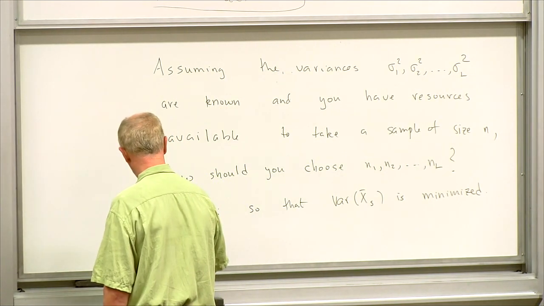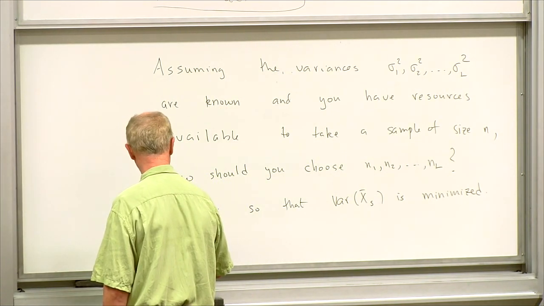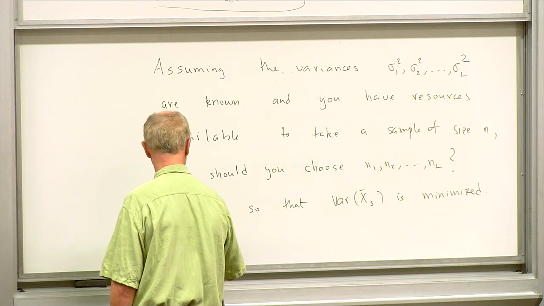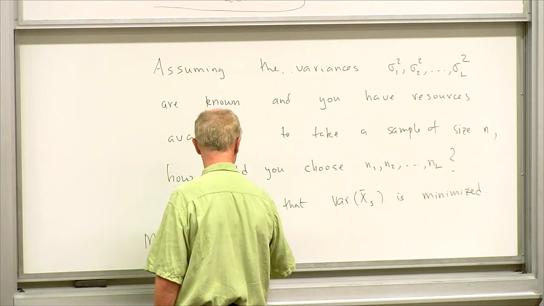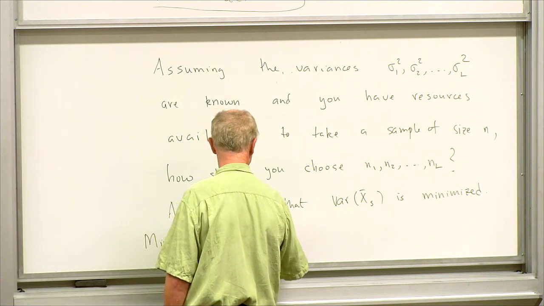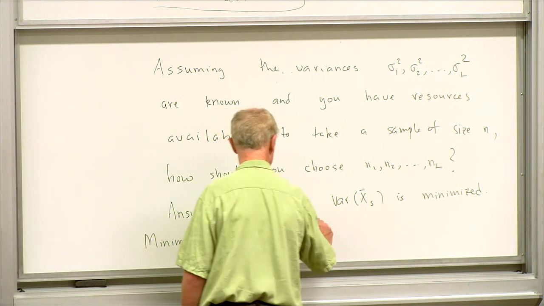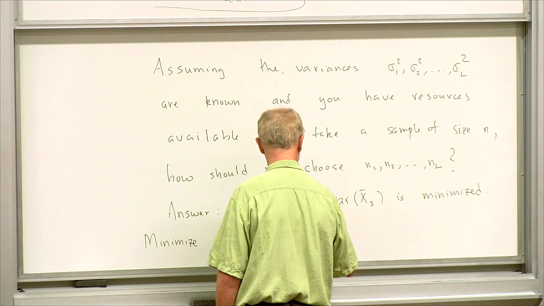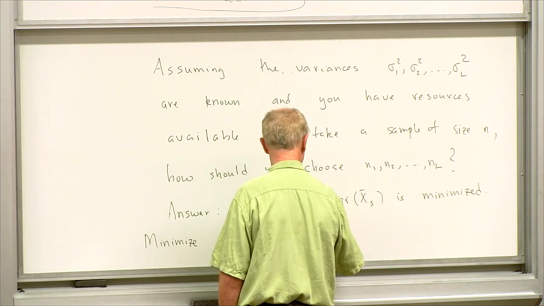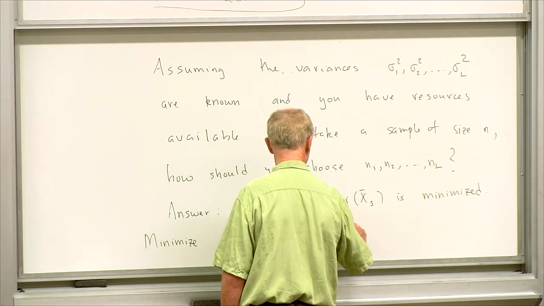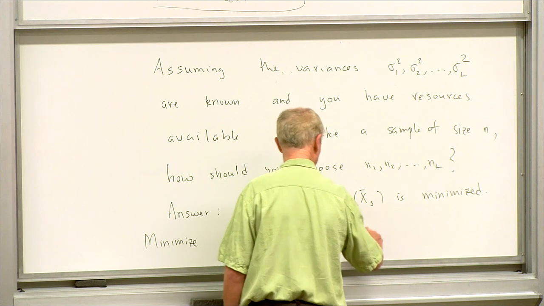so we want to minimize f of n1, n2 through n sub capital L equals the sum over little l equals 1 to capital L of sigma little l squared w little l over n sub L, subject to the constraint.